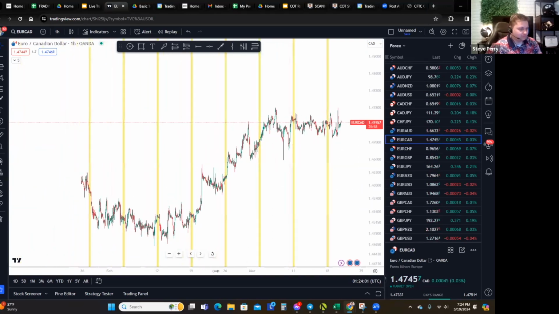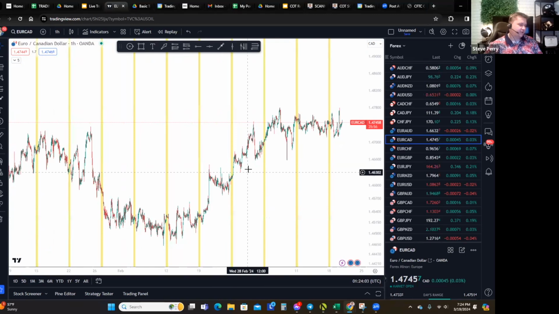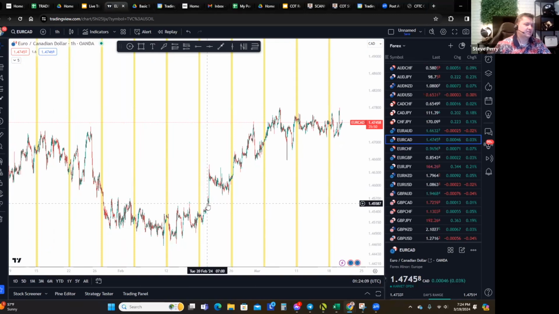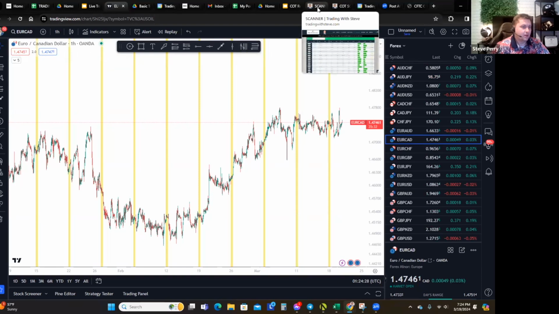Absolutely. So I'm just trying to figure out if I can get detail on this a little bit faster. And I think if I take the 2 weeks minus the 5 weeks, basically the same thing I did with the 5 week and 10 week, that might be a better shorter term metric. So like I said, we might get that added to the scanner at some point. It'll be pretty cool.